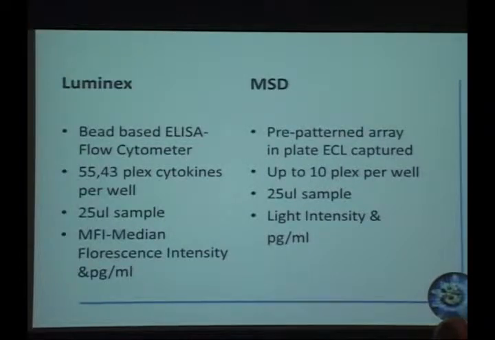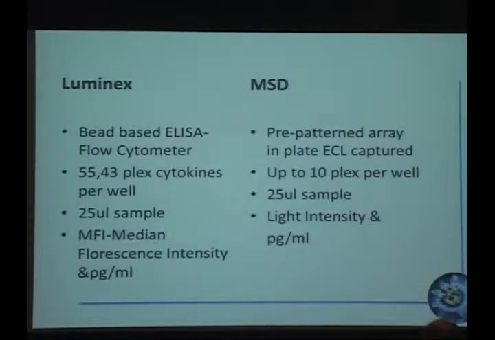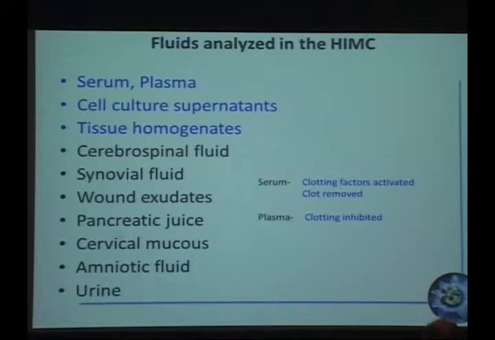The output is we have about 55 measurements that we're performing for the Luminex and up to 10, as I was mentioning. Those intensities or median MFI fluorescence can be converted later to picogram per mil, and I'll touch upon that a little later. So what type of samples do we run on this assay?